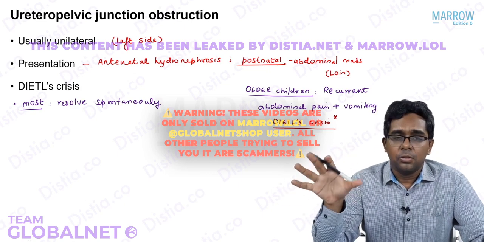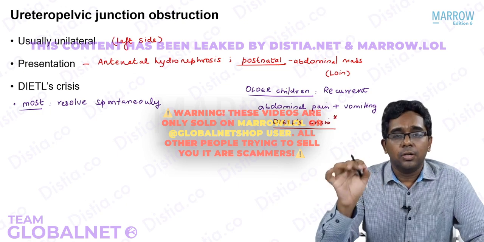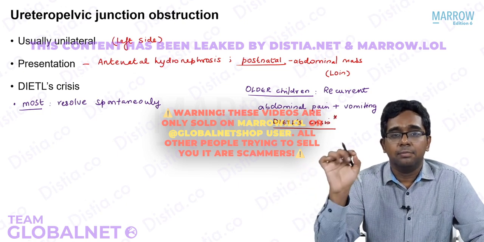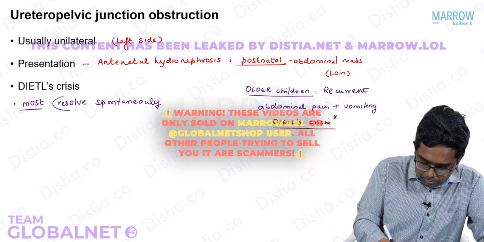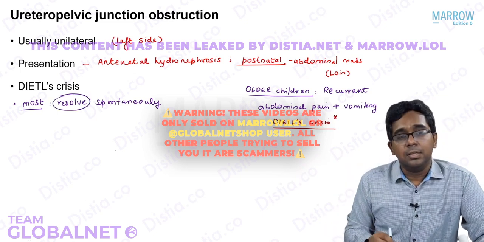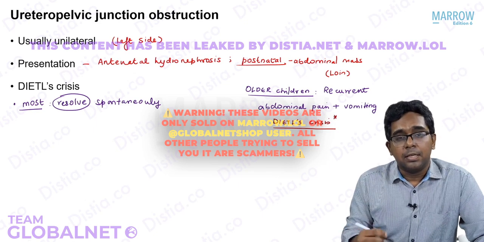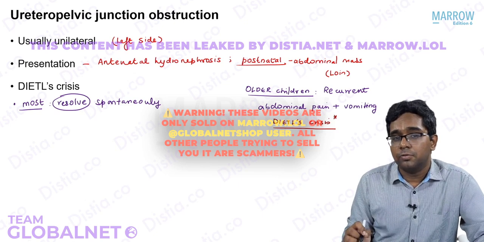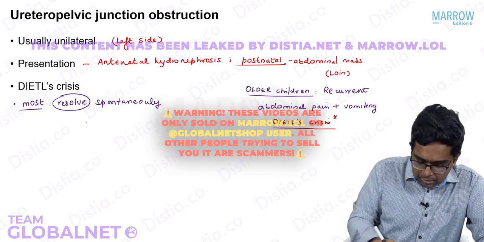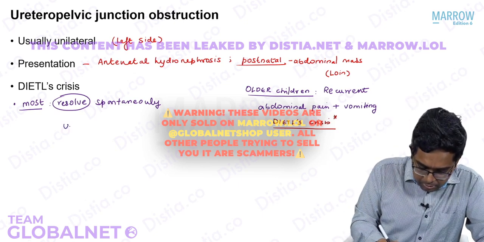So what we do is, 48 to 72 hours later, we will take an ultrasound. Most of the cases would have resolved. However, in some cases, even after this 48 to 72 hours, there would be persistence of UPJ obstruction, or in other words, it would be an unresolved case.